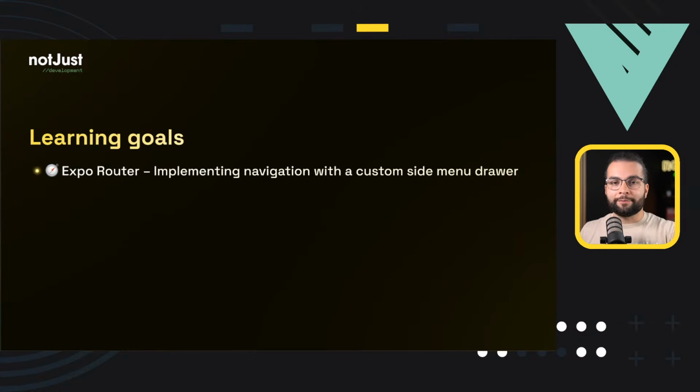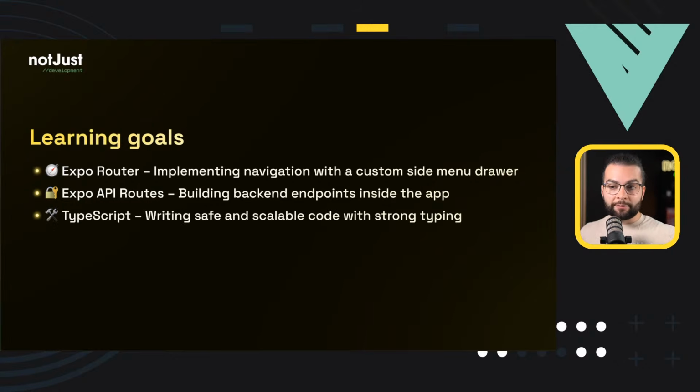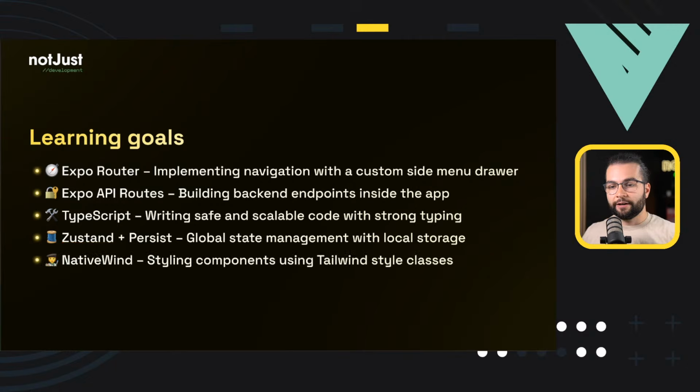First of all, we're going to learn how to build beautiful and modern UIs with NativeWind, how to use Expo Router to implement navigation with a custom side or drawer menu, how to use the API routes to build a backend and how to also deploy it to production, how to use TypeScript, how to use Zustand for the global state management of our messages and how to persist that data so that when you reopen the application, you have the same chat history with the messages there.